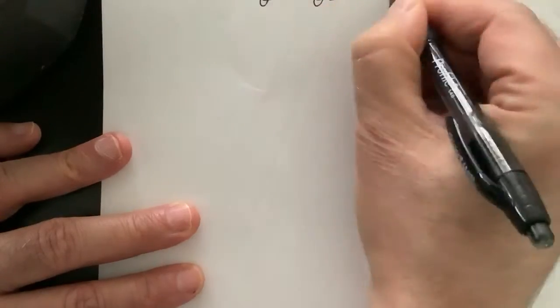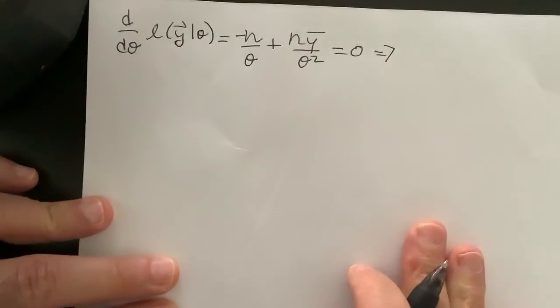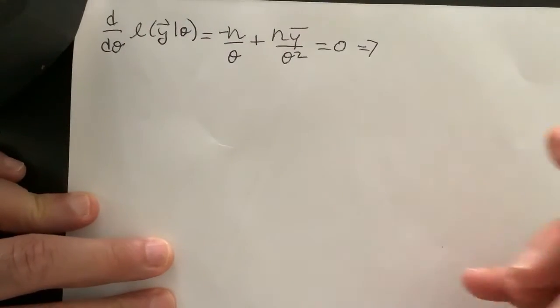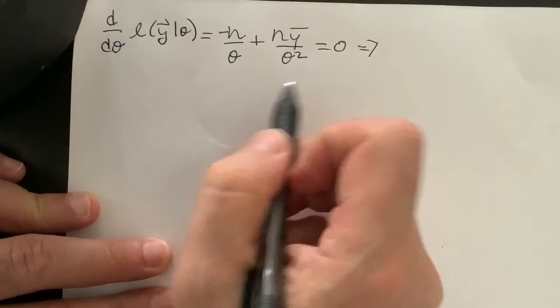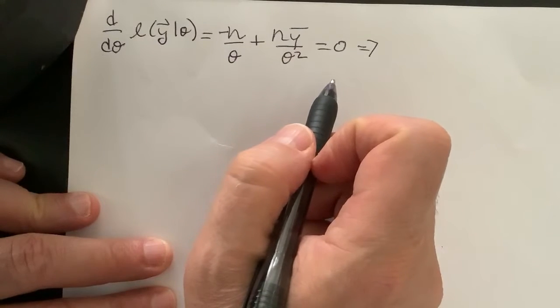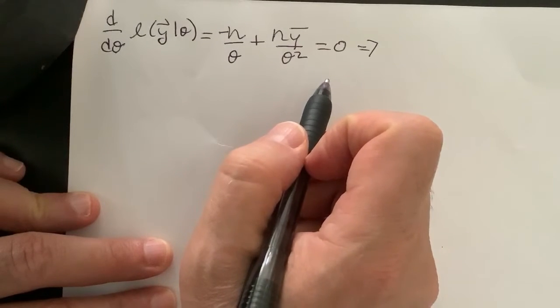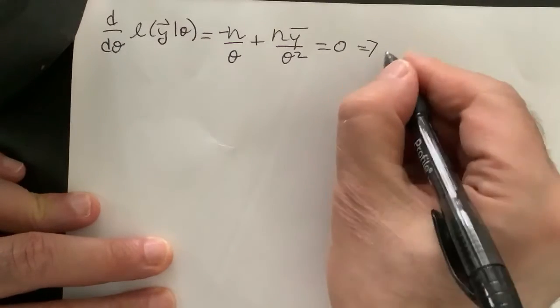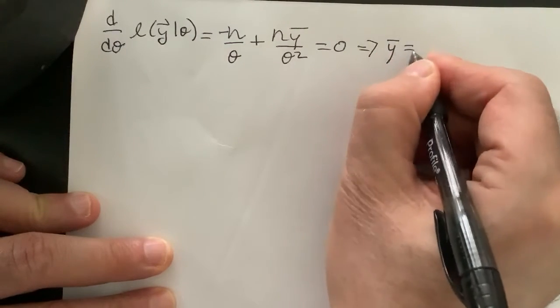Setting that equal to 0, I add n theta to both sides, and I get y bar equals theta.